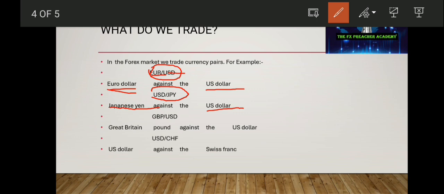Then this one is GBP USD. GBP represents the Great British Pound against the US dollar. This other one, you have the US dollar against the Swiss franc.